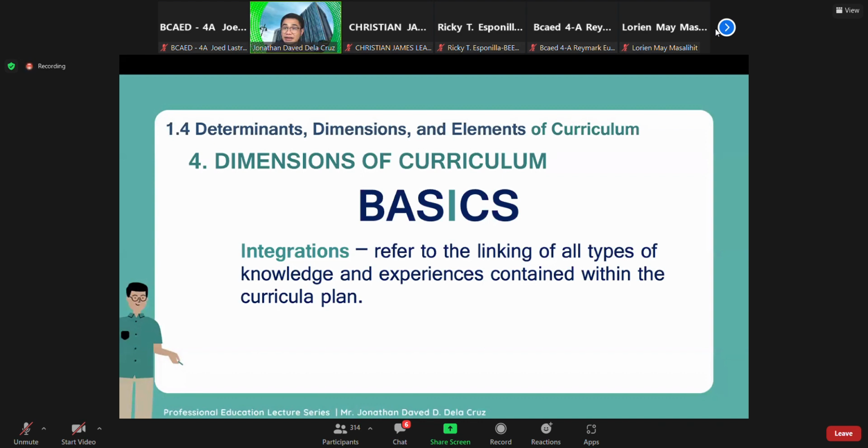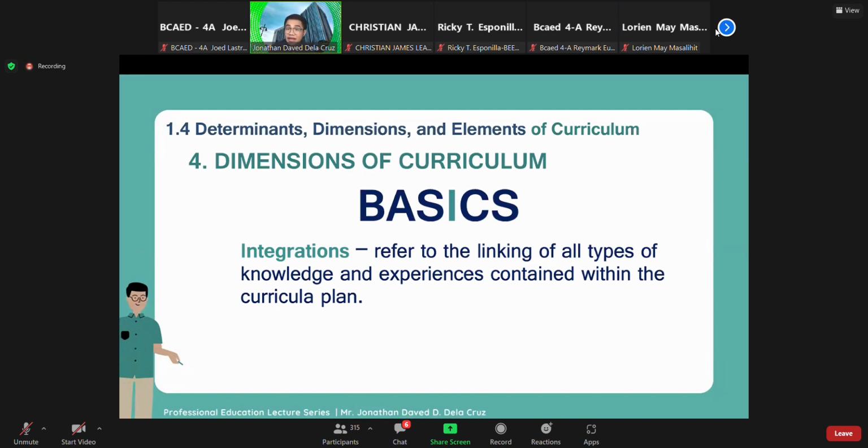Subjects na offered sa isang year level, tapos marirealize niya, parang pwede ko tong i-correlate, nakakatulong yung tinuro ni sir sa inaaral namin ngayon, sa iba naming subject, pero same year level. Okay? Students are able to integrate the subject.